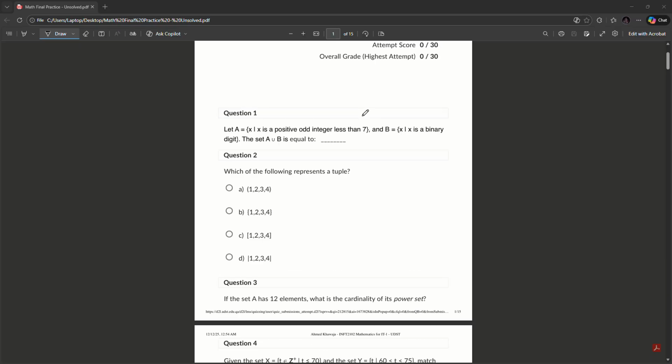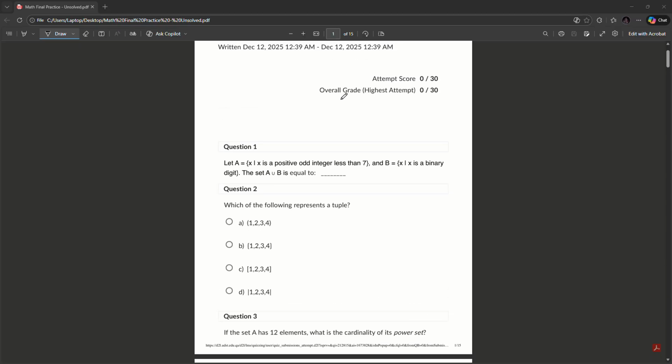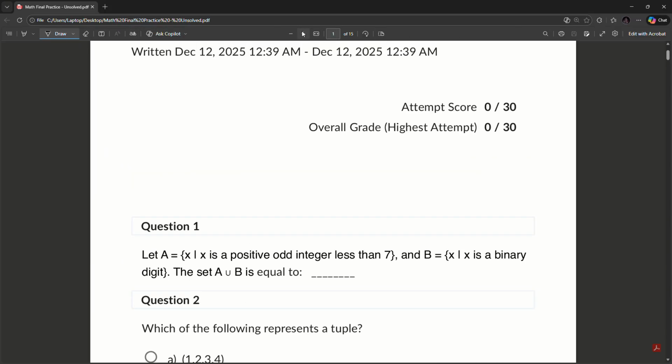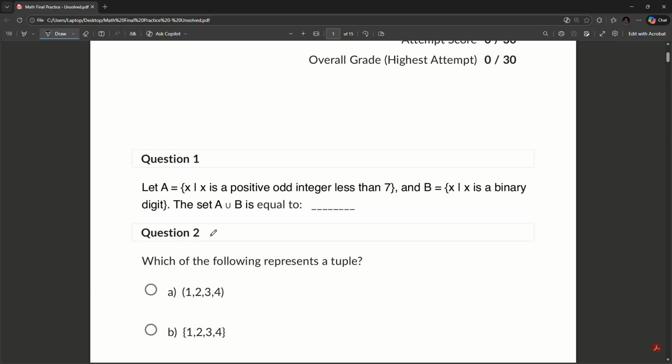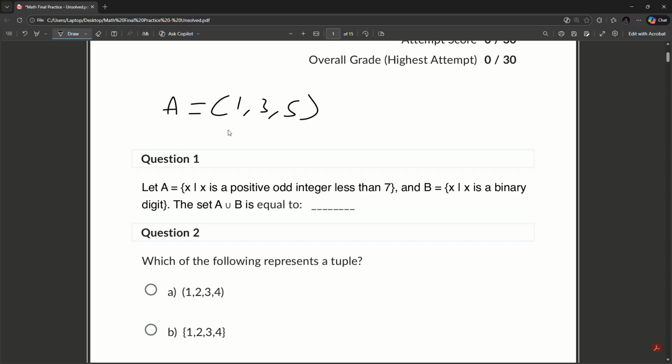Question one. A is a positive integer set which is less than 7, and B is a binary digit. So A is basically 1, 3, 5, right?